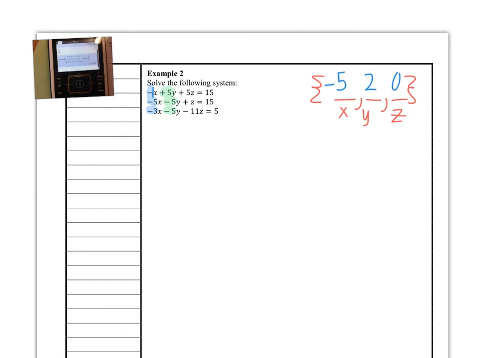That's looking good so far. And then z's, we have a 5z, a 1z, if you choose to write that 1 in, and then a negative 11. So it looks like y's are going to be easiest to eliminate. So I'm going to say eliminate y, and we're going to do that first.